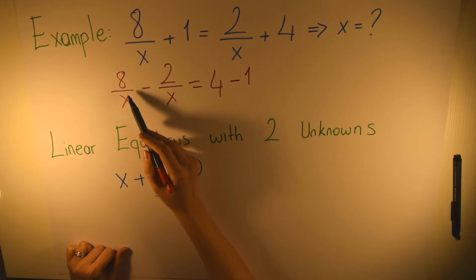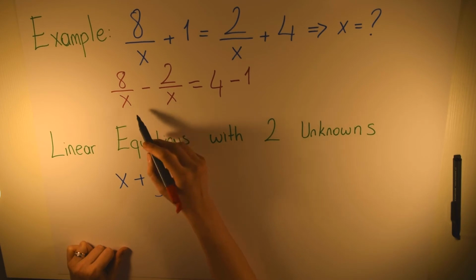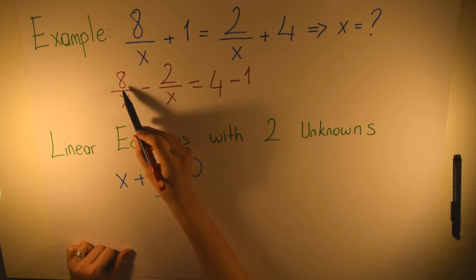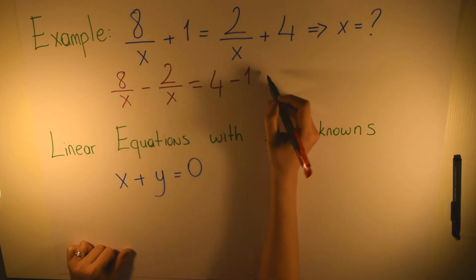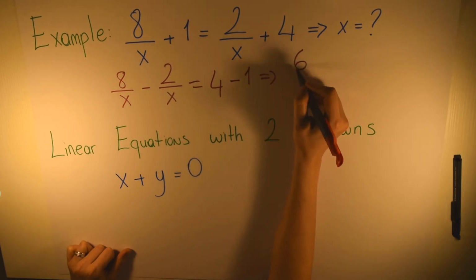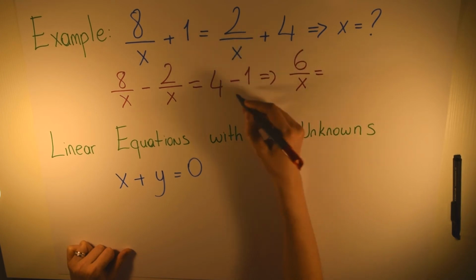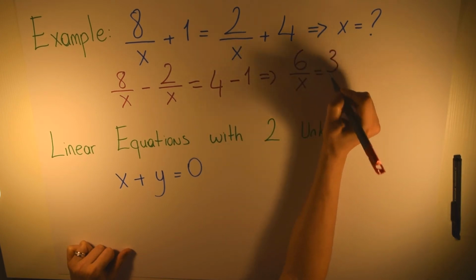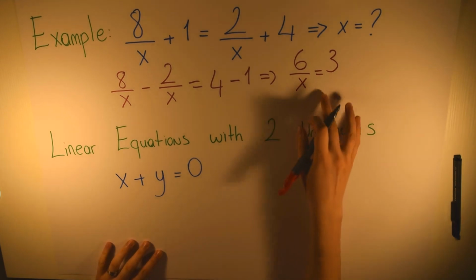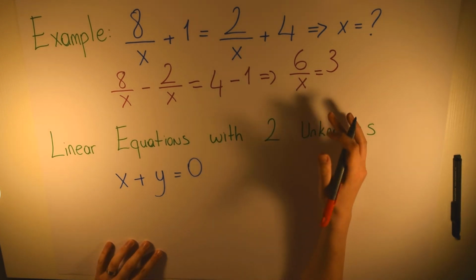So here 8 over x minus 2 over x, since they have the same denominator, I just do the subtraction here. So here I will get 8 minus 2, it's equal to 6 over x, which is equal to 4 minus 1, it is 3. So here at this point we will apply the cross multiplication.